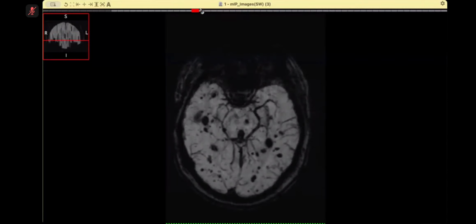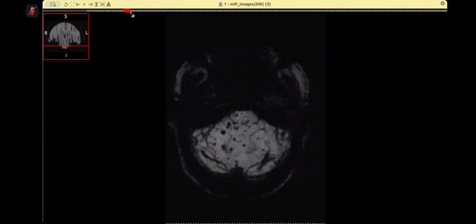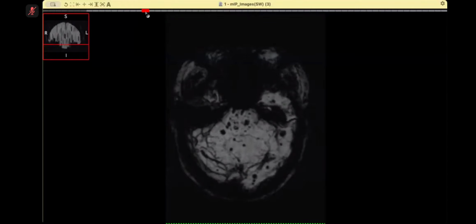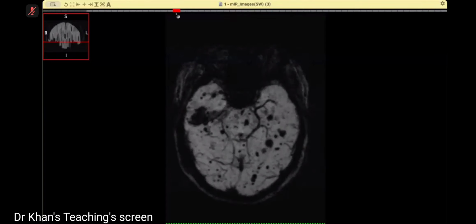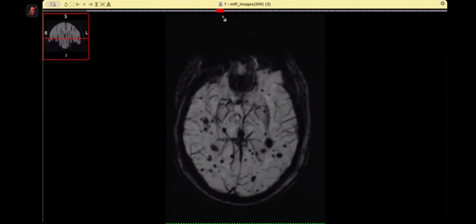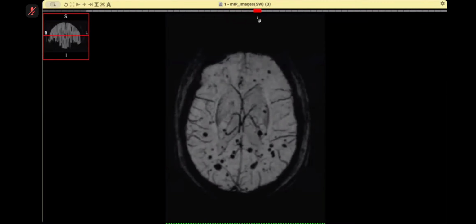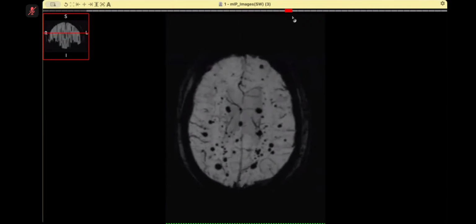Okay, now I'm going through the images, and there are multiple areas of blooming artifact seen in the cerebellum, brainstem, and the bilateral cerebellar hemisphere, and they are of variable sizes, and involving the basal ganglia as well.